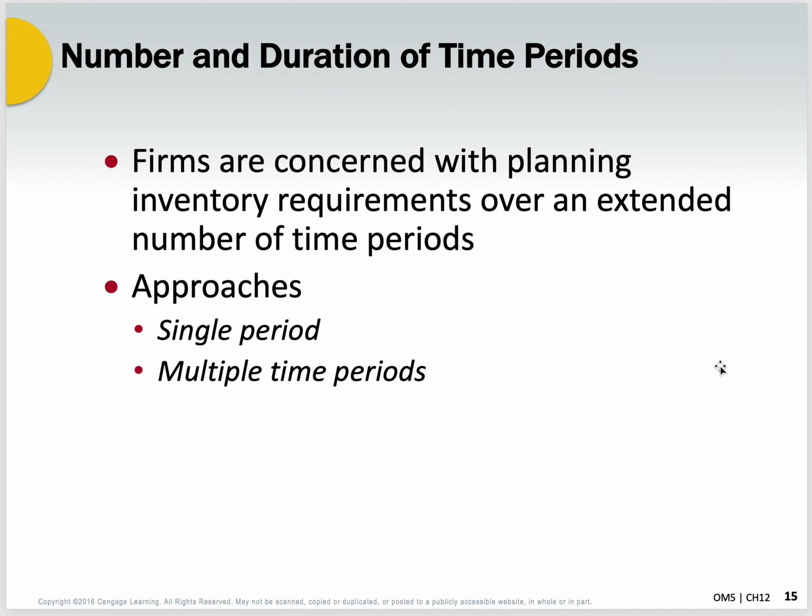So, number and duration of time periods. Firms are concerned with planning inventory requirements over extended time periods. And there's two approaches. You look at single time period or multiple time periods. Walmart, when they plan their inventory and what they want to have in their stores, does it by months, by SKU, and they look out 18 months when they do a forecast.